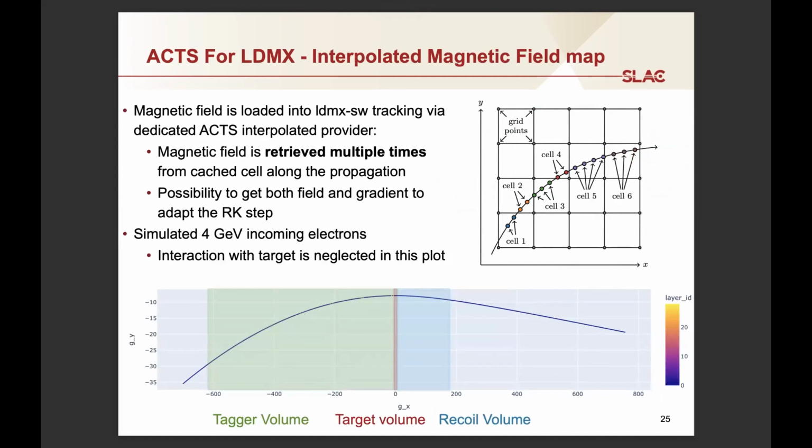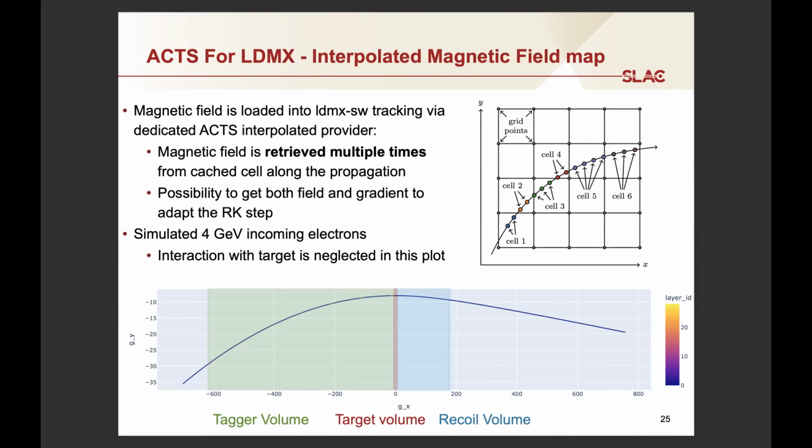The next step is to check the propagation along the interpolated magnetic field map. This is done via ACTS routines that use an adaptive Runge-Kutta step, which is shown on the bottom part of the slide: the propagation of an incoming electron through the Tagger volume, the target, and the recoil volume.